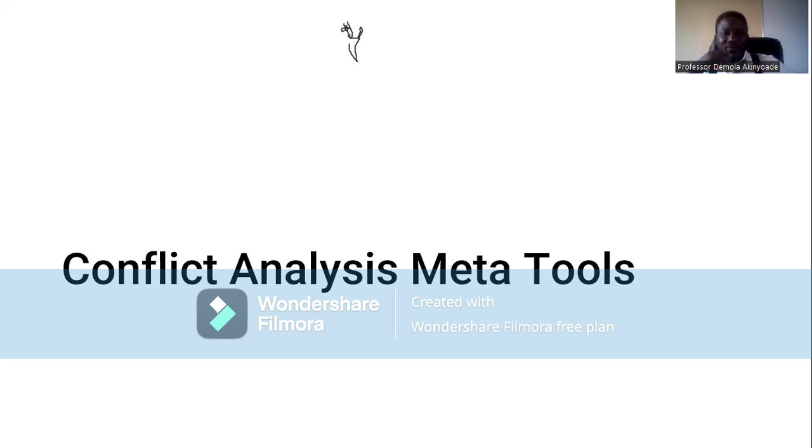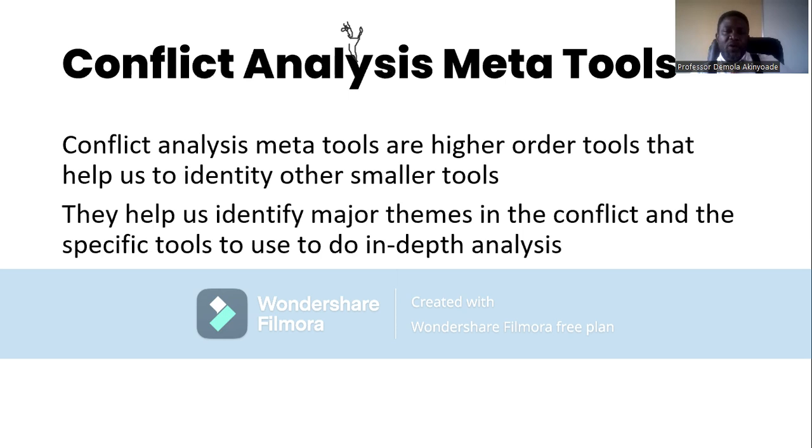Okay. Let's now look at what I call conflict analysis method tools. When we use the word meta, it means higher order. So there are higher order tools that help us to identify other relevant smaller tools to help us understand something.